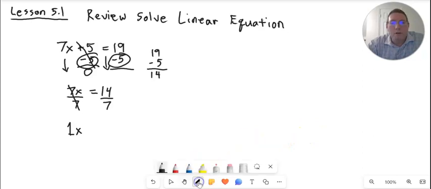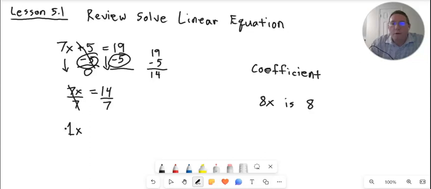But just like with the power of 1, this number in front of the x, in case you didn't know this language, is called the coefficient. So the coefficient of 8x is 8. The coefficient of 4x is 4. The coefficient of x is 1.